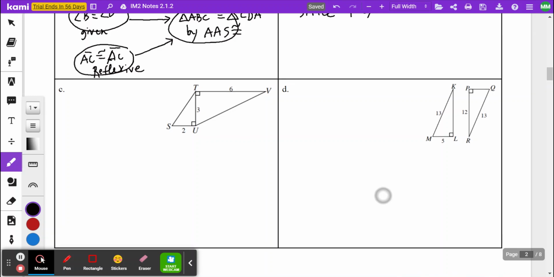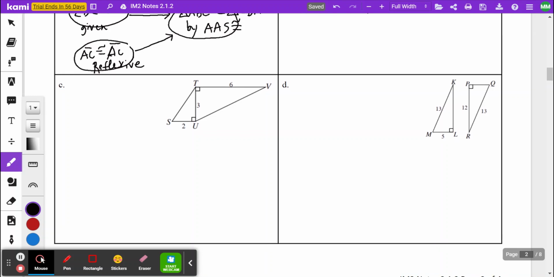Okay. Two more problems and that's it. Wow. Okay, part C, these triangles are similarly not congruent because the short leg of one triangle is 2, and the short leg of the other triangle is 3.